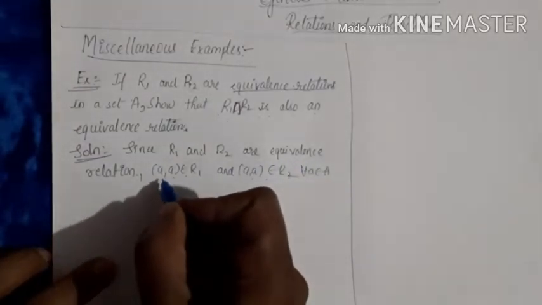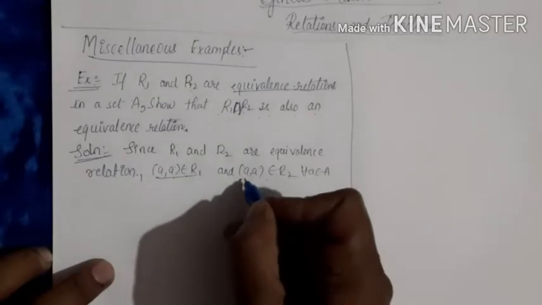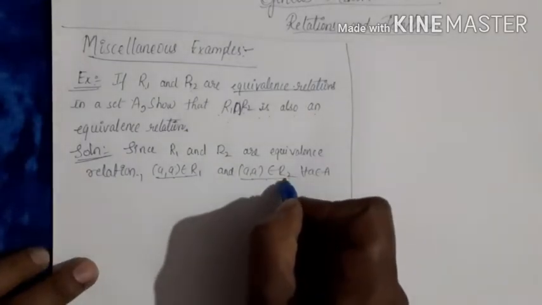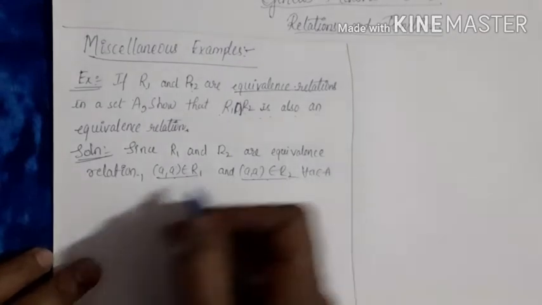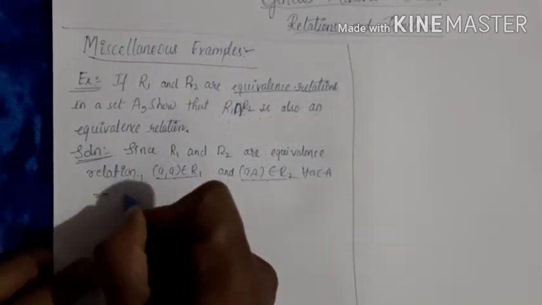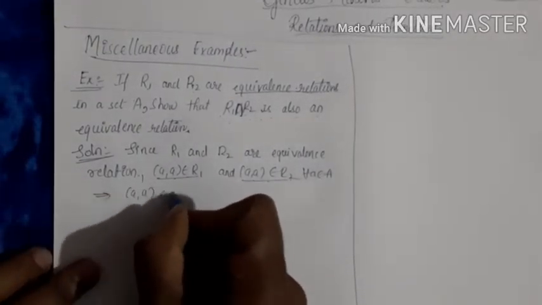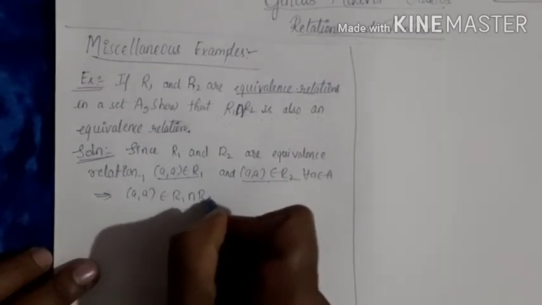Because it is reflexive, (a, a) belongs to R1 and (a, a) belongs to R2 for all a belongs to A. Therefore, this implies that (a, a) belongs to R1 intersection R2.